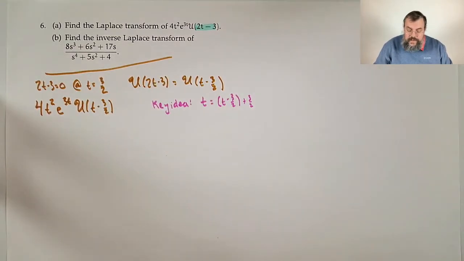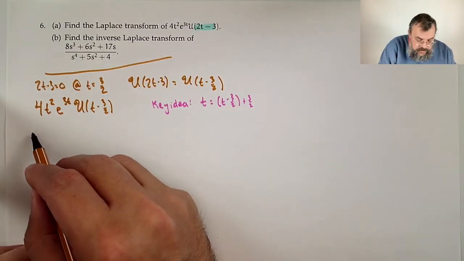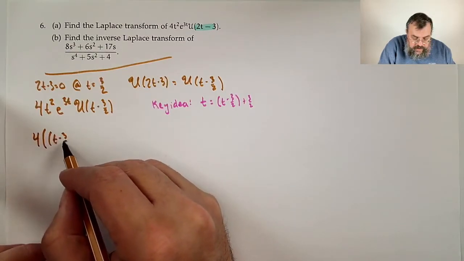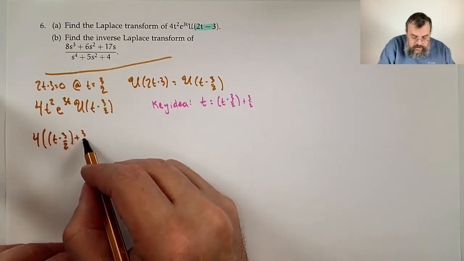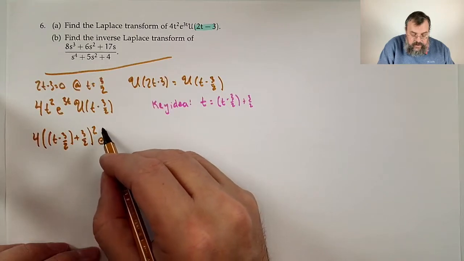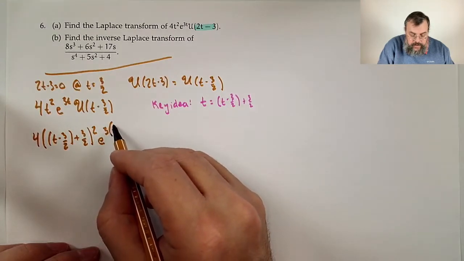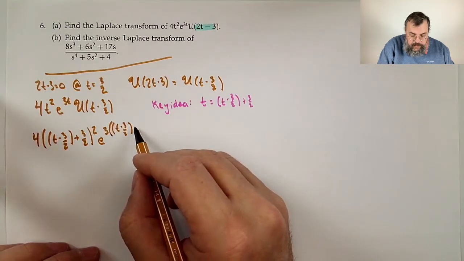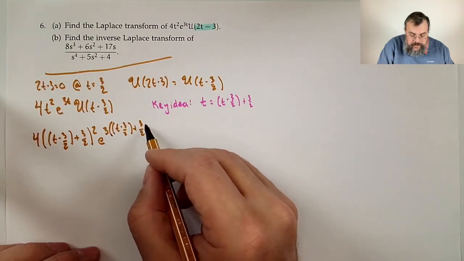All right, so we're just going to do that. This is really 4 times the quantity t minus 3/2 plus 3/2, squared, e to the 3, and then we'll have some parentheses here. Parentheses are really important. They're good friends.